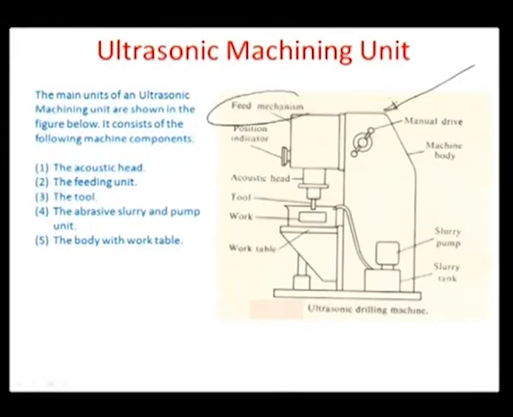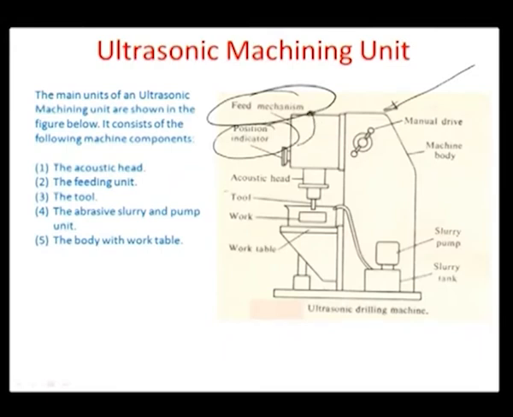There is a feed mechanism which ensures that the tool is fed at the ultrasonic frequency of very high, about 20 to 25 kilohertz. There is a position indicator for closed loop control, where it gives you an indication of where exactly the tool is placed as a function of time, and it tells the feed mechanism whether it has to be moving towards the workpiece or away from the workpiece.